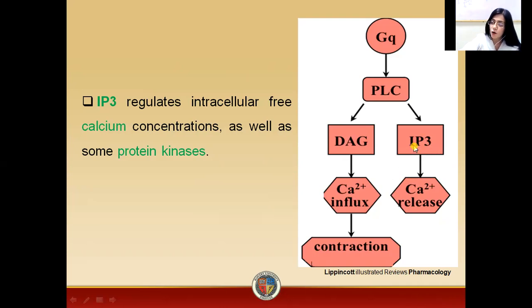As a result of formation of this IP3, there will be release of the calcium from the endoplasmic reticulum. And this IP3 will also facilitate DAG in the influx of calcium ions. So as a result of increased content of this calcium in the cell, there will be contraction within the cell.